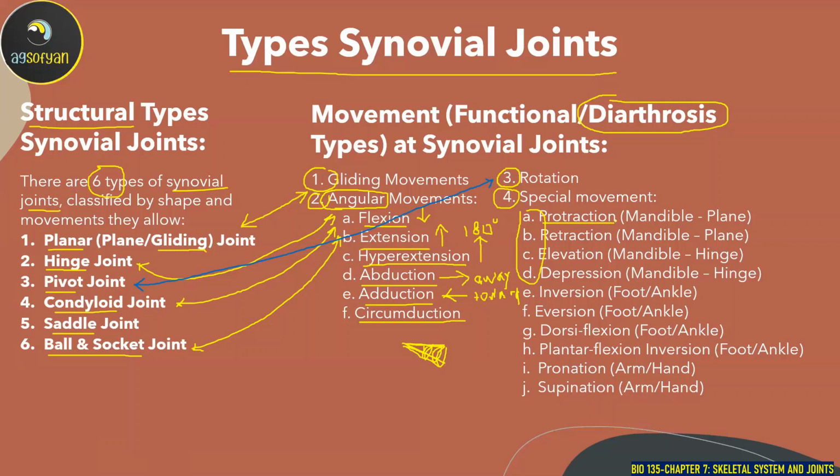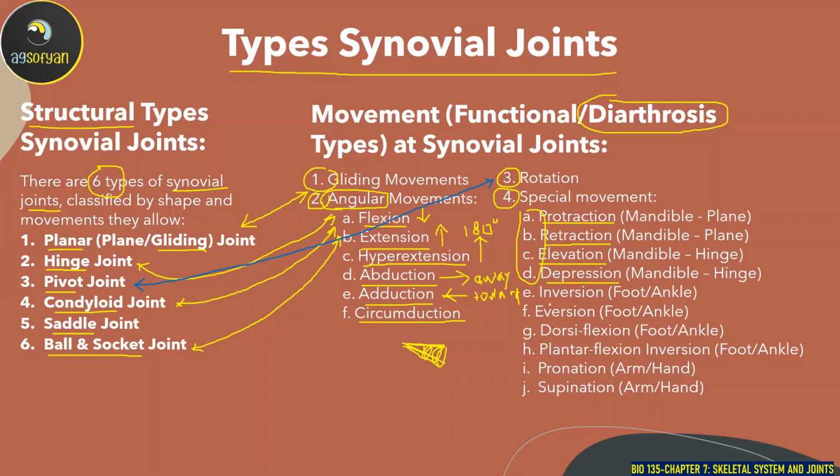If you move it inward, then it is called the retraction. If you elevate your jaw, like when you're chewing the food, for example, it gives the movement called the elevation. And when you chew the food, sometimes you also depress or move downward your mandible, your lower jaw, and that movement is called the depression.